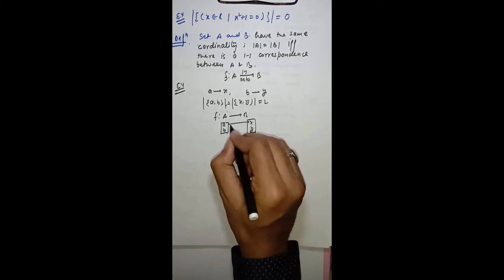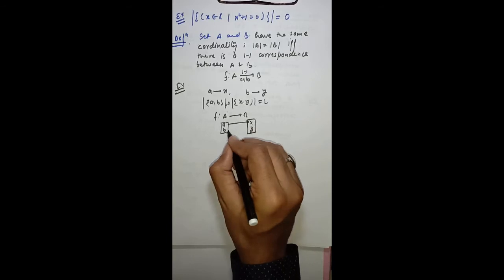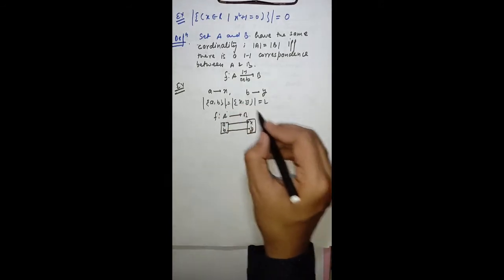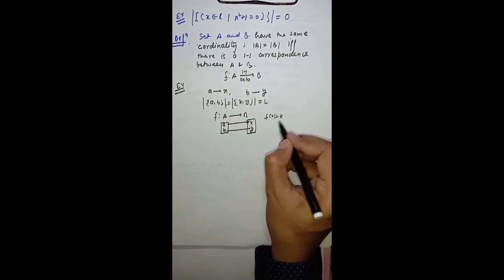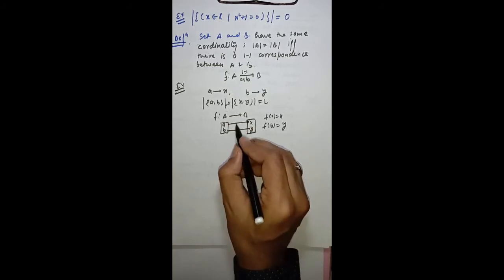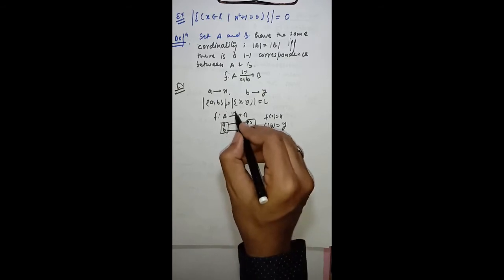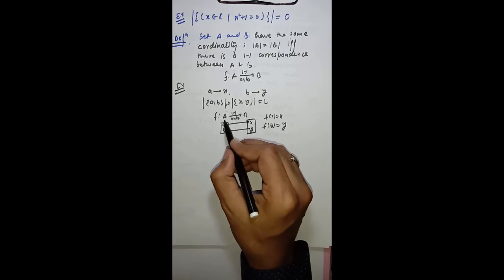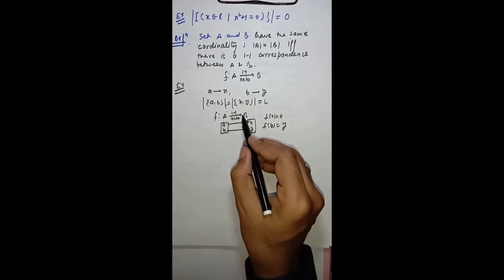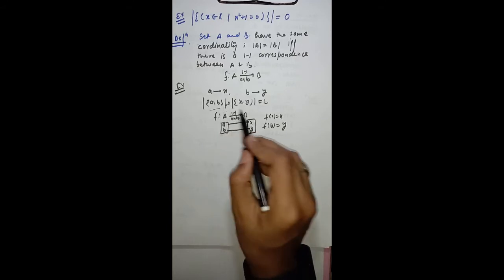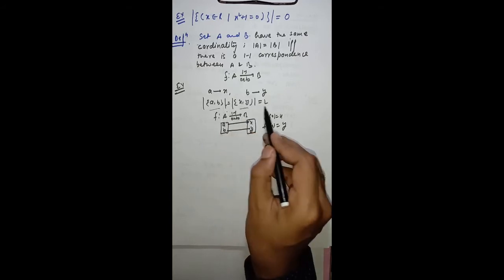The image of a is x, the image of b is y. That is why f(a) is equal to x and f(b) is equal to y. So the function is one-to-one and onto, so there is a one-to-one correspondence between the sets A and B. So the cardinalities must be equal: the cardinality of A is 2 and the cardinality of B is also 2.